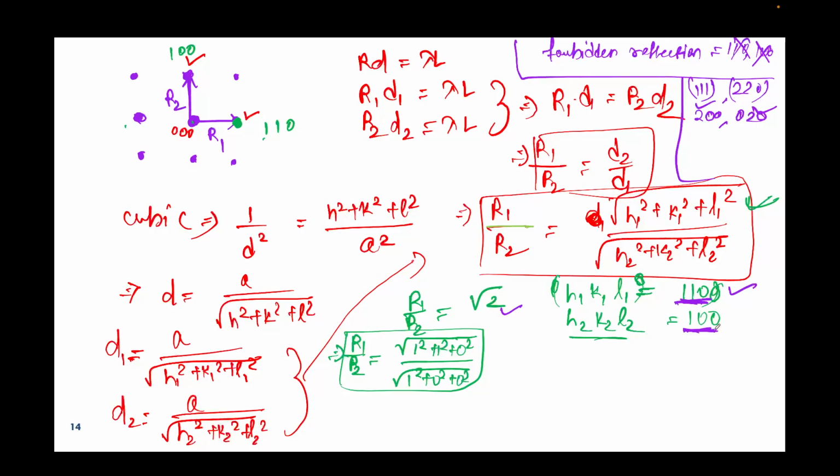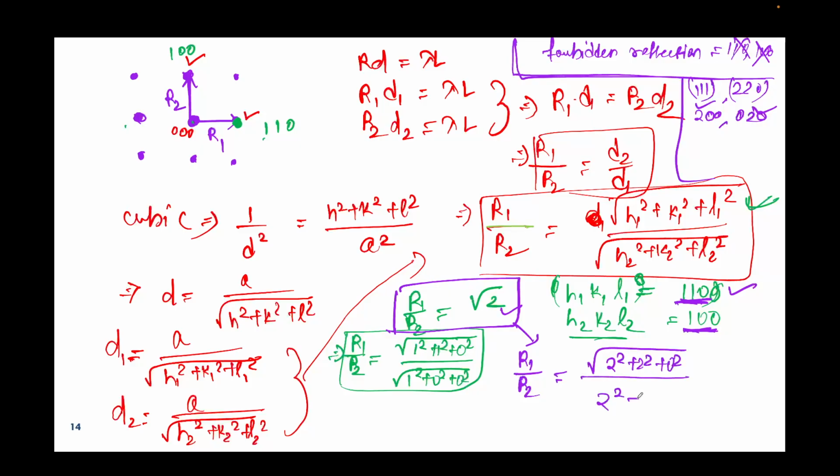If I am considering this for now, let's take an example that R1 by R2 is equal to root 2. This expression is valid. But how? What if I consider now that R1 by R2 is equal to 2 square plus 2 square plus 0 square divided by 2 square plus 0 square plus 0 square. Is it now possible? I am getting H1, K1, L1 as 220.